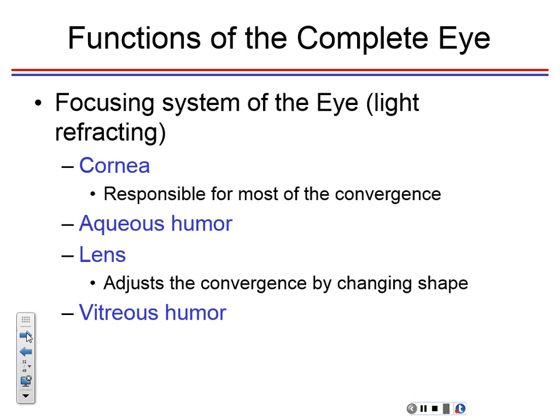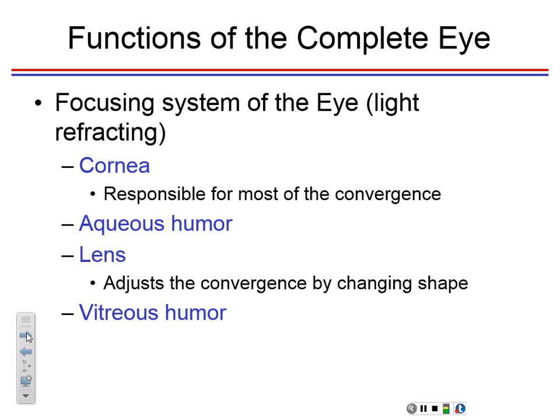So the functions of the complete eye: the cornea is responsible for most of the converging of the light. The aqueous humor, we talked about many functions of it, supplying nutrients and taking waste from the cornea. And then, of course, the lens finally adjusts the focusing of light and accommodates, which is vision closer than 20 feet.